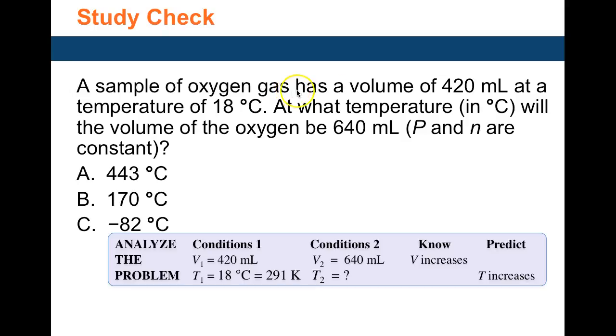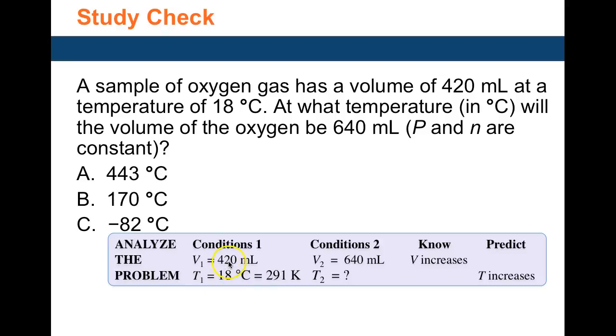A sample of oxygen has a volume of 420 mL at a temperature of 18 degrees centigrade. At what temperature in degrees centigrade will the volume of oxygen be 740 mL? Remember, even though they want the answer in degrees centigrade, convert first into Kelvin and then convert the answer back into degrees centigrade.